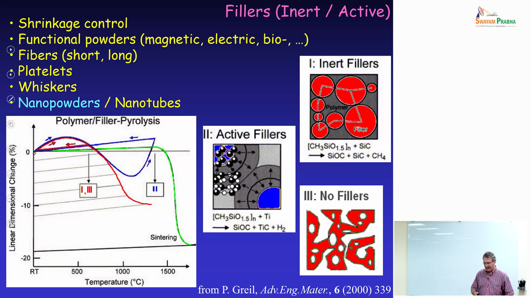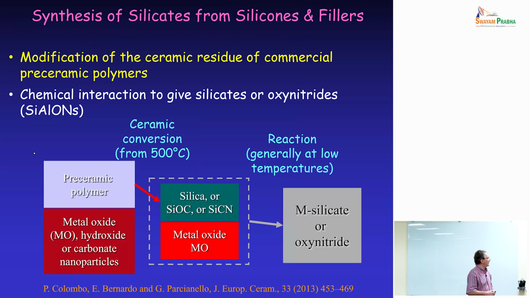So there has been quite a lot of interest in using preceramic polymers mixed with metal particles for different applications. When I say fillers, of course, I mentioned particles, but you can add viscose, platelets, short fibers, nanotubes, and so forth. So you can use the fillers to control the shrinkage, but also to control the properties.